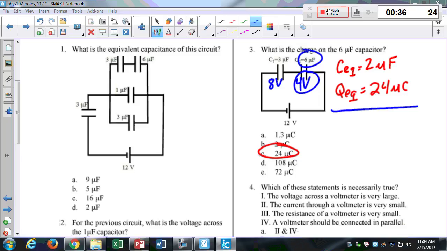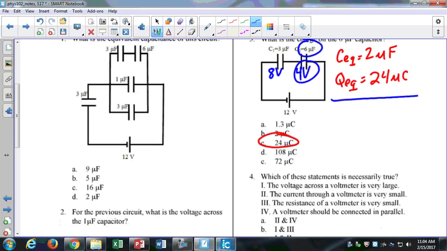Feel free to ask your neighbor if you're uncertain what they think the answer is. Let's stop in about 10 seconds. Stop at, say, 120. 120, just a few more seconds.